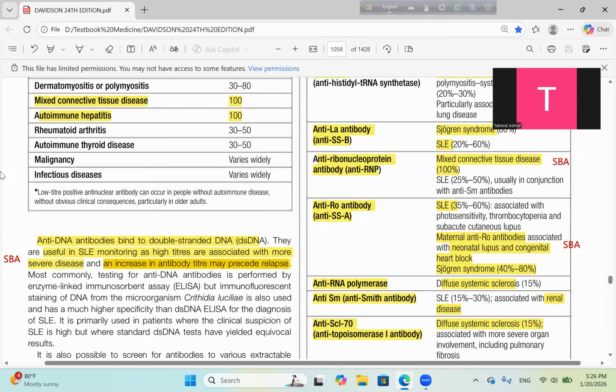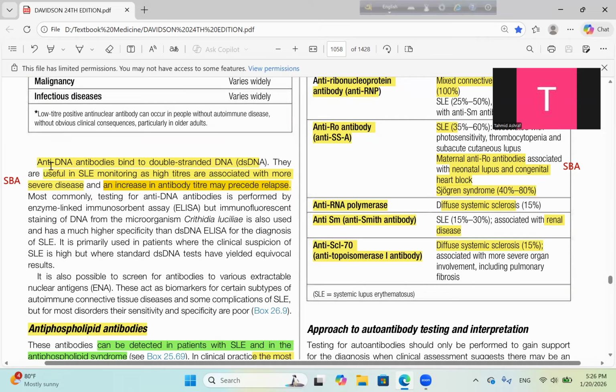Okay. Let's move on. Anti-DNA antibodies bind to double-stranded DNA. DNAs are typically double-stranded. So against this double-stranded DNA, there are some antibodies that are formed. Those are called anti-DS DNA, anti-double-stranded DNA. This is another type of antibody. They are useful in SLE monitoring as high titers are associated with more severe disease.